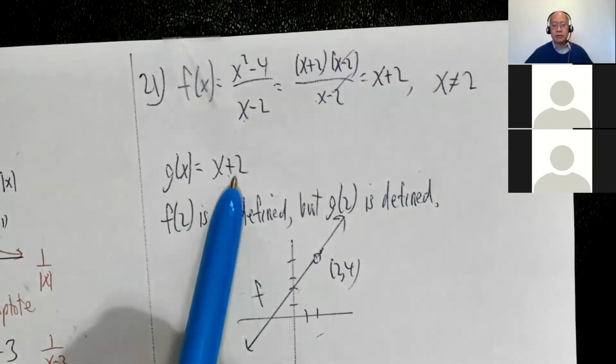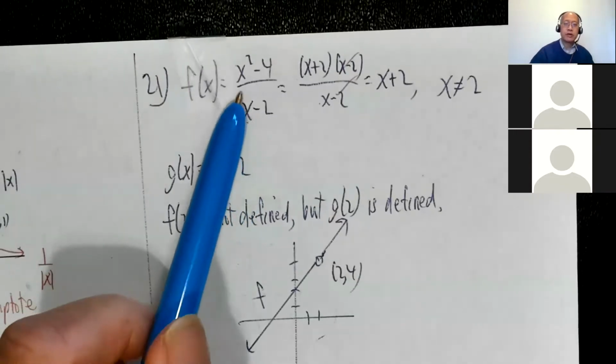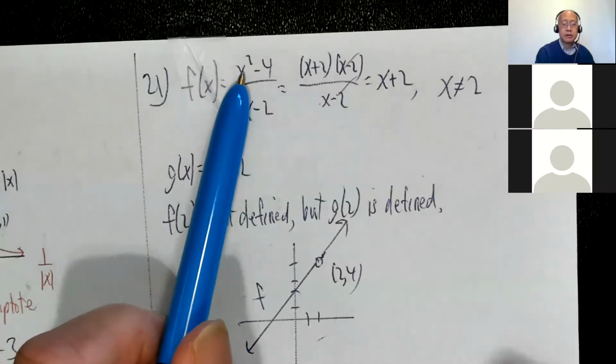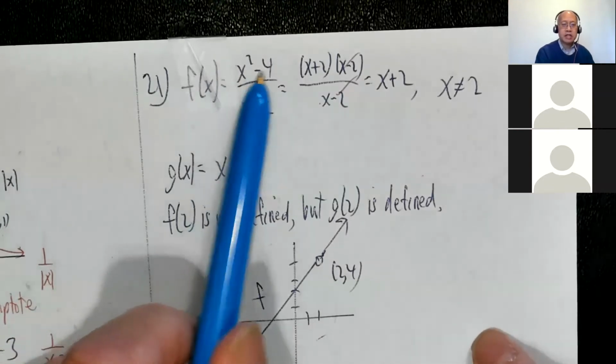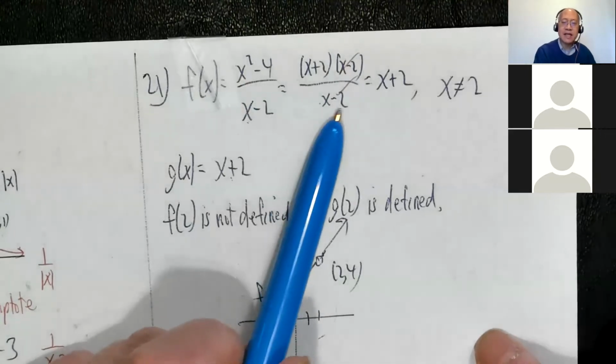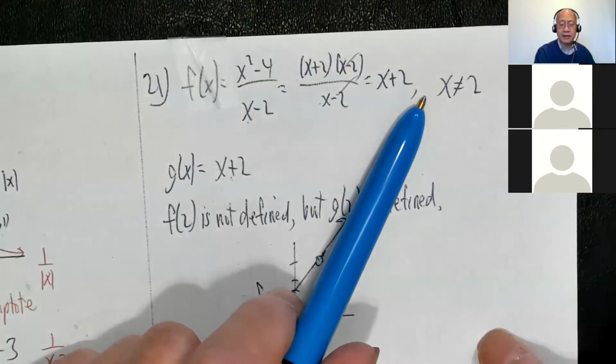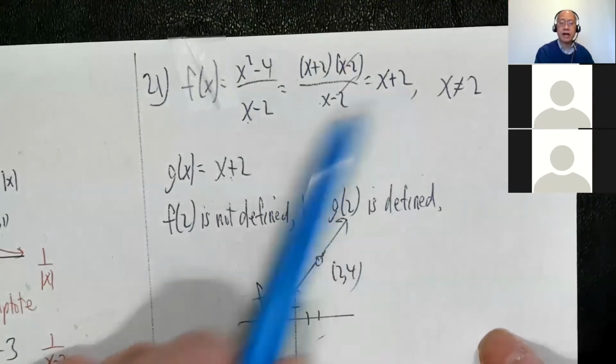Here 2 is allowed. Truthfully, when you did this in algebra 1 and you said simplify, then factor x plus 2, x minus 2, cancel x minus 2, you really should say, but x is not equal to 2. But nobody feels like doing that, and for good reason. It'd just be too cumbersome to keep writing that down.